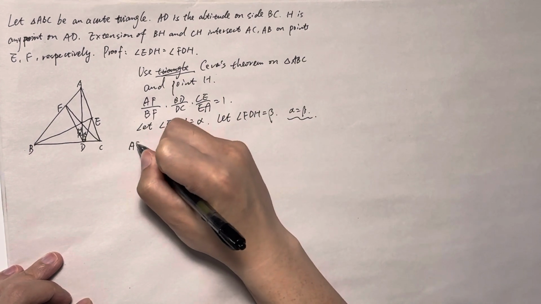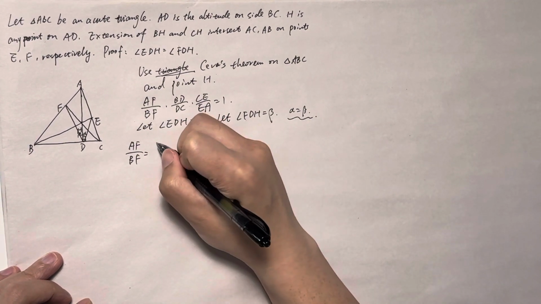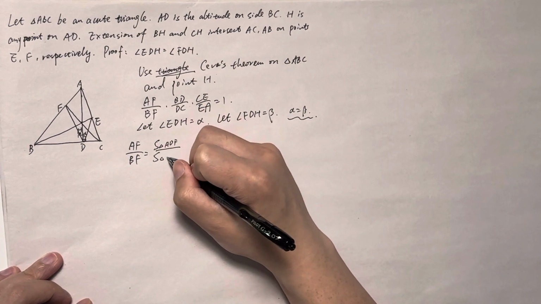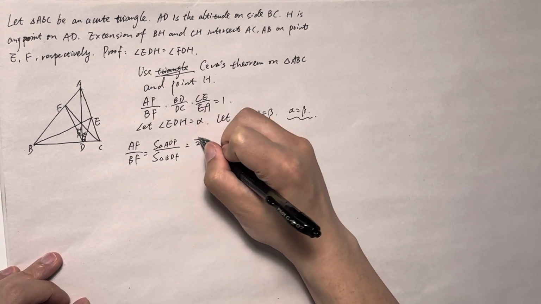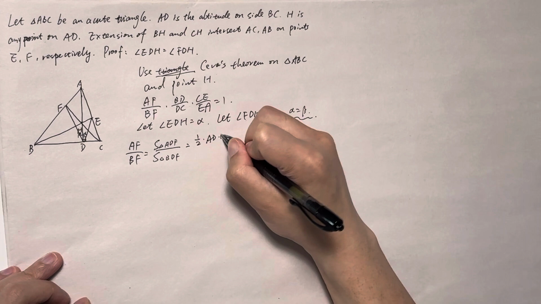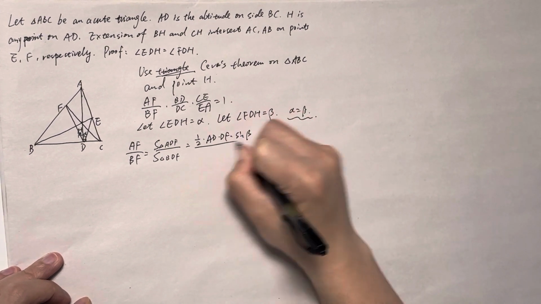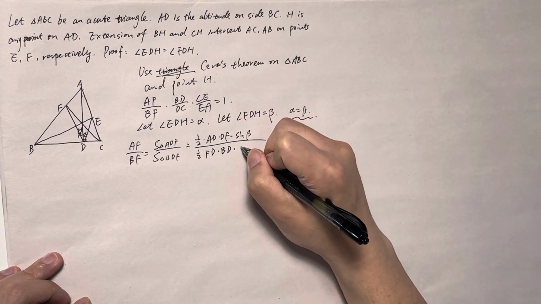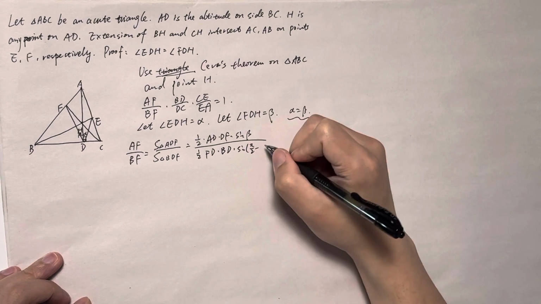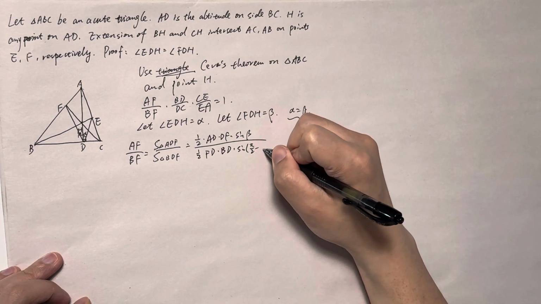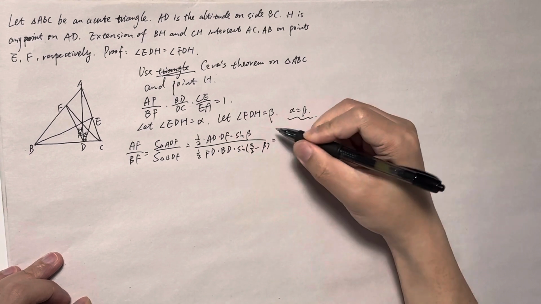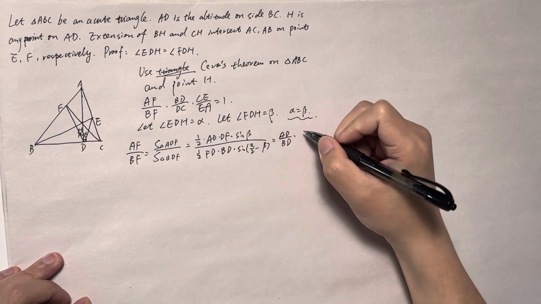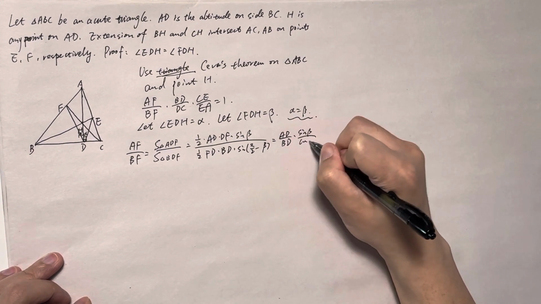So AF divided by BF equals the area of triangle ADF divided by the area of triangle BDF, which equals half of AD times DF times sine beta divided by half of FD times BD times sine of half pi minus beta, right? So that equals AD divided by BD times sine beta divided by cosine beta.